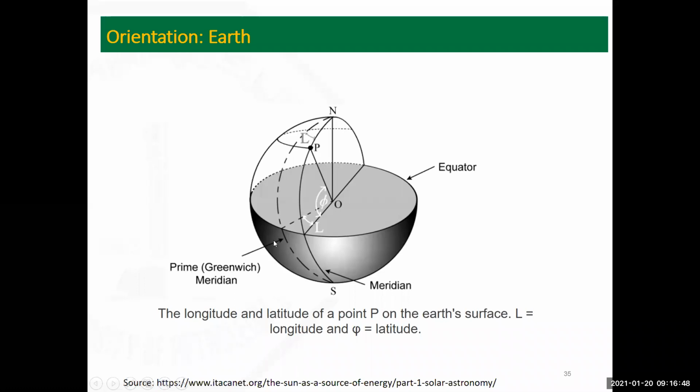Greenwich is our reference, which is longitude 0, and then plus or minus depending on the different longitudes and the directions. In our case we will not use the word L for the longitude, but we are going to use another expression for the longitude, and phi is the latitude.